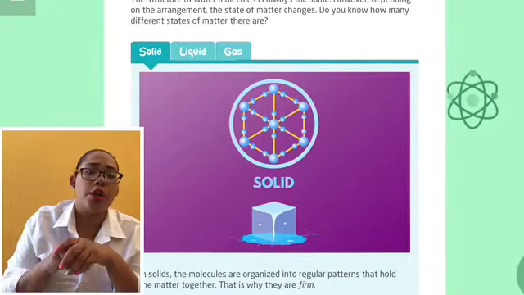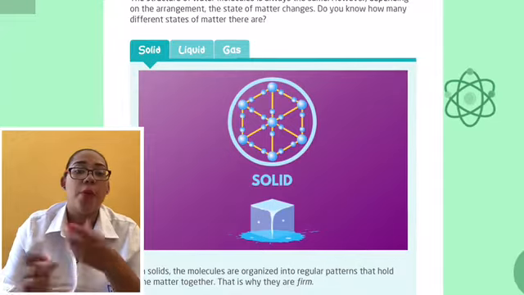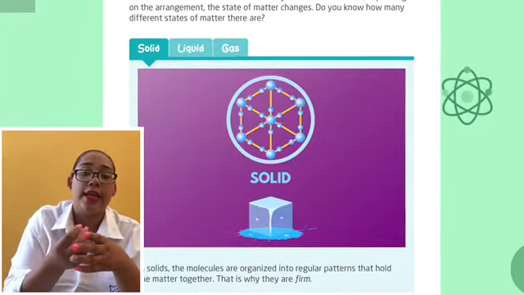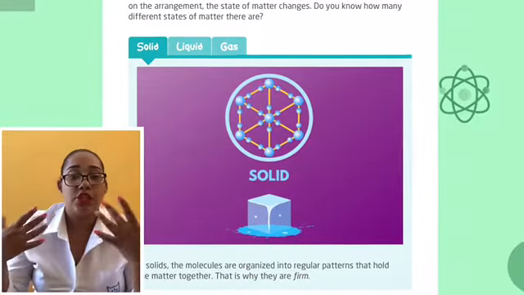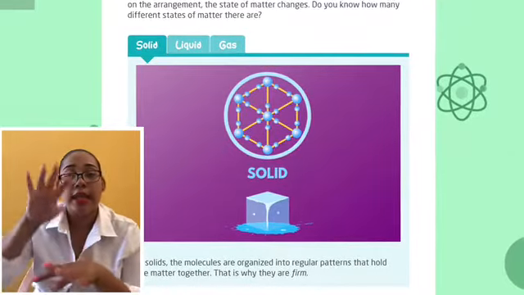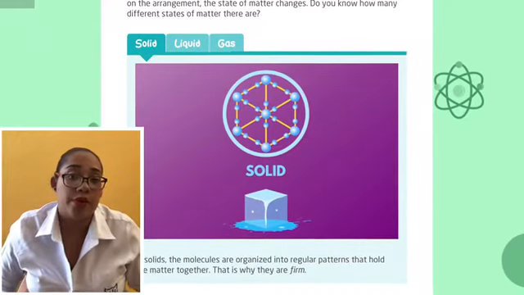You know that water, when you put it in the fridge, it gets cold, it's ice. Oh, but when you put it in the water, what happens? It starts melting and it becomes liquid, okay? Now, if you take a hot shower, that little smoke that you see is water vapor, okay?